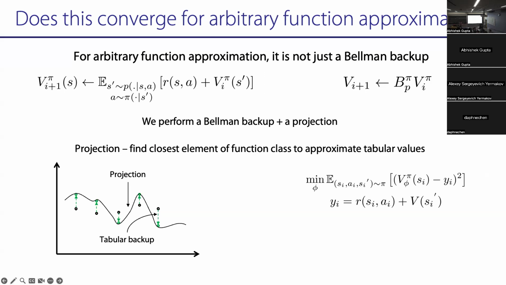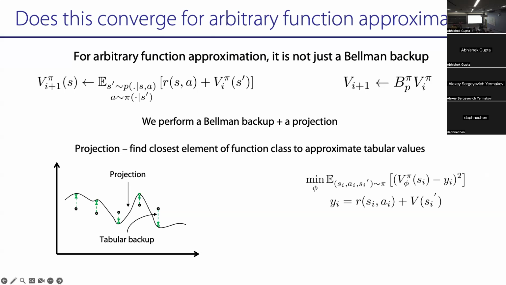It's still a fixed point iteration procedure, but it is not a gradient descent procedure. It's: do a tabular backup, project it onto the best possible function class, and then do the next tabular backup.